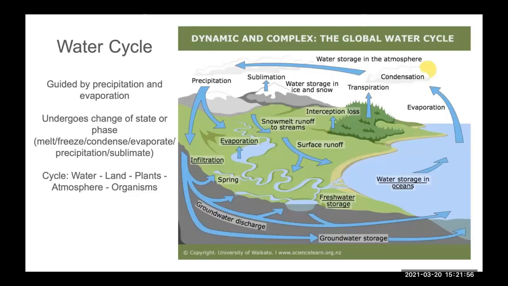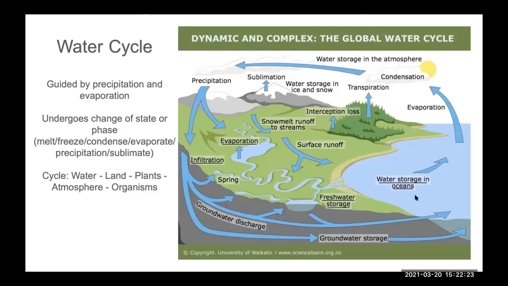So evaporation turns a liquid into a gas. We also have sublimation occurring, which happens when snow turns into a gas and is taken up into the atmosphere. We have streams that form from the melting snow, and we have lakes and streams and freshwater storage areas that lead out into the oceans.